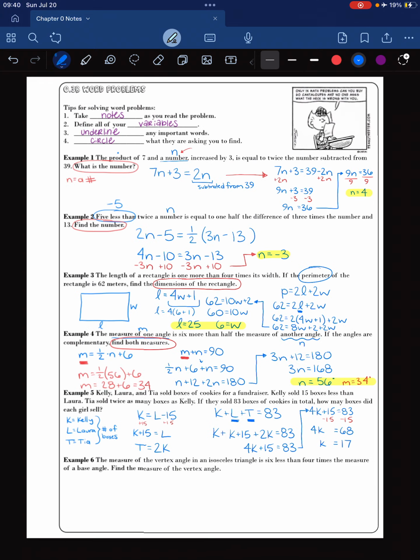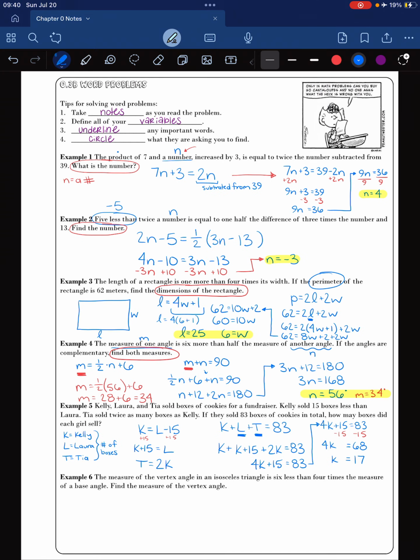Divide both sides by 4. So Kelly sold 17 boxes.